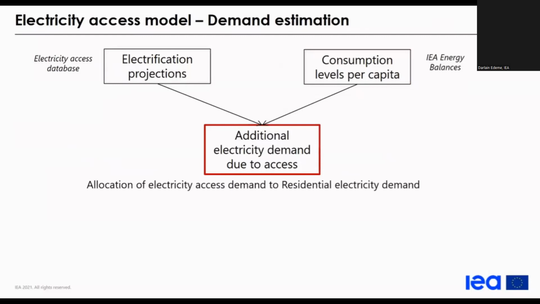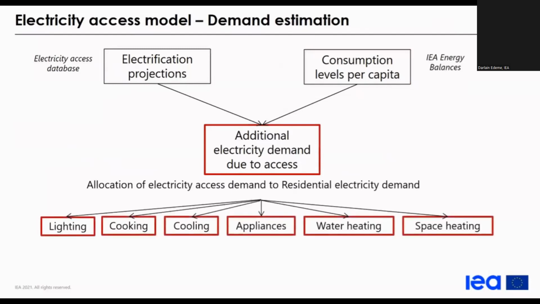And we'll be able to allocate this electricity access to different disaggregated services behind our residential module modeling. So will that demand be for lighting, for cooking, for powering appliances, for water heating, etc. And we will be able to allocate all this to specific energy services.